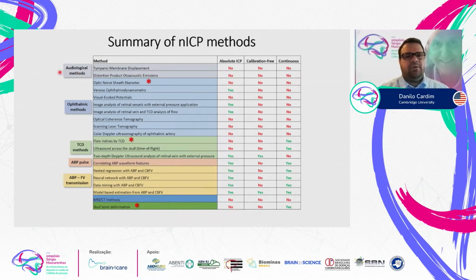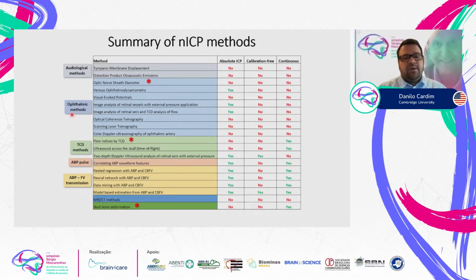We have the audiological methods that use, for example, structures in the inner ear to assess intracranial pressure non-invasively. We have ophthalmic methods that use the crosstalk between the brain and the eye. So we have several described techniques. For example, we have the optic nerve sheath diameter as one of the most described techniques in the literature.